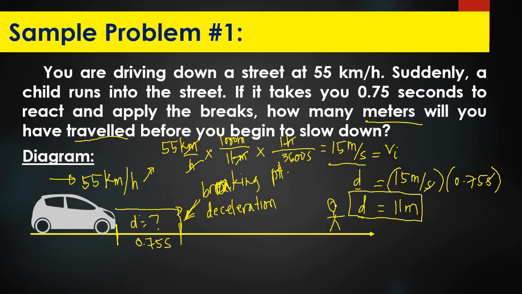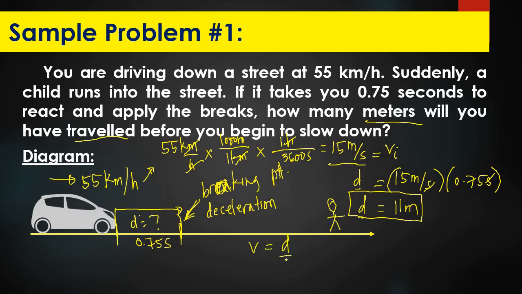How did we get there? Remember, we are dealing with constant velocity. It did not change. It is still 55 kilometers per hour, because it only changes after the braking, which is after the 0.75 second period. So we can still apply the formula. Velocity is equal to displacement all over time.